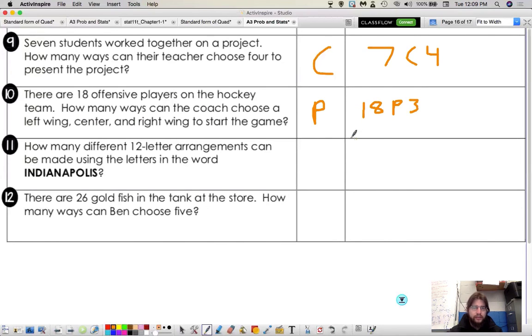How many 12-letter arrangements can be made using the letters in the word Indianapolis? Again, we're lining it up, so it's going to be a P. Now this one, we're doing 12P12, but we're going to have to take out the repeats. So we're doing 12 factorial, and we're going to take out the repeats. I got 3 I's, so 3 factorial.